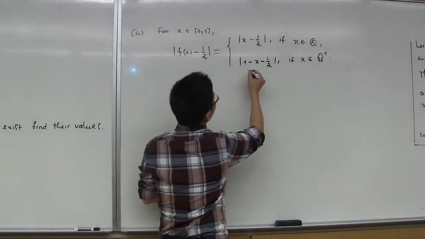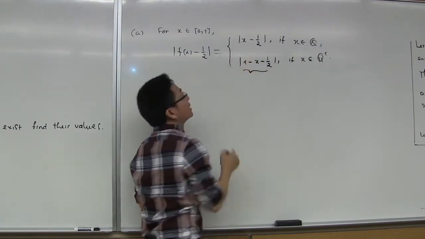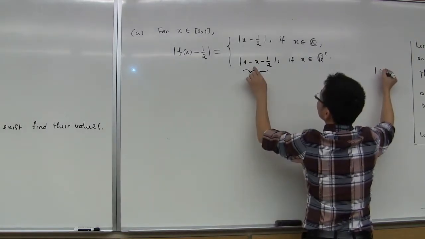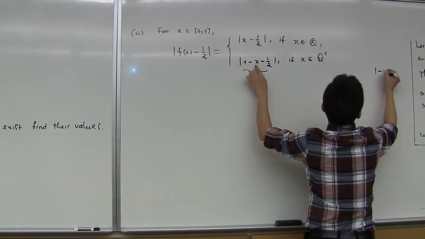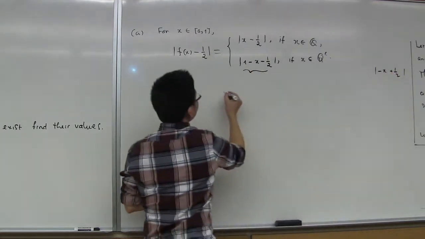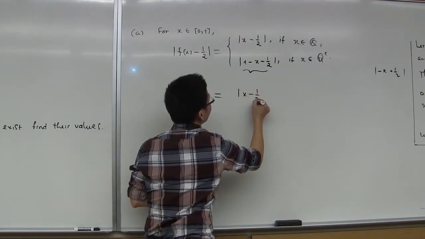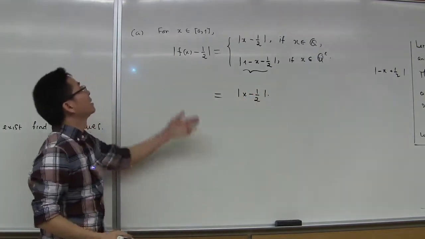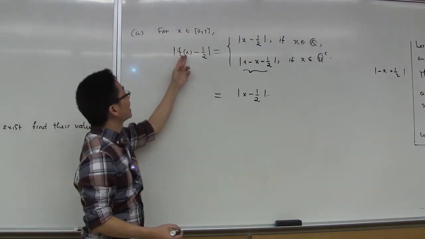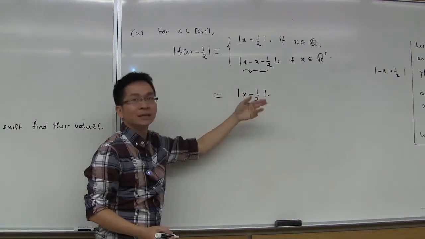Observe that this is exactly the absolute value of x minus 1/2, because that is minus x plus 1/2. So we have seen that for whatever x in the interval [0, 1], the absolute value of f(x) minus 1/2 is exactly the absolute value of x minus 1/2.